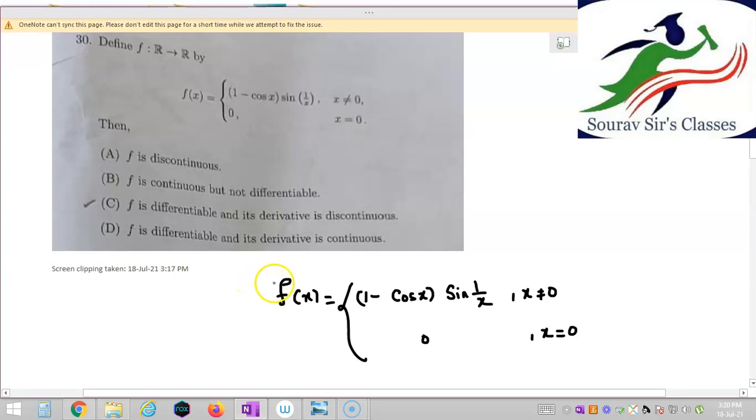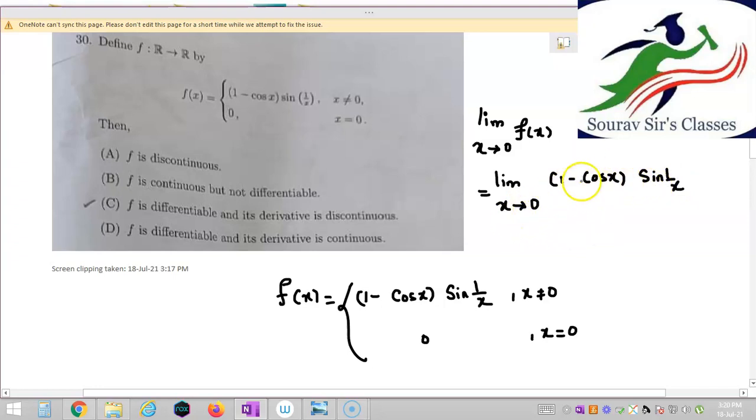First of all, observe that when x is not equal to 0, f(x) is continuous. So we need to check the continuity of f at x equal to 0. For this, I am going to find the limit as x tends to 0 of f(x). Here x is not equal to 0, so the limit is (1 minus cos x) into sin(1/x).